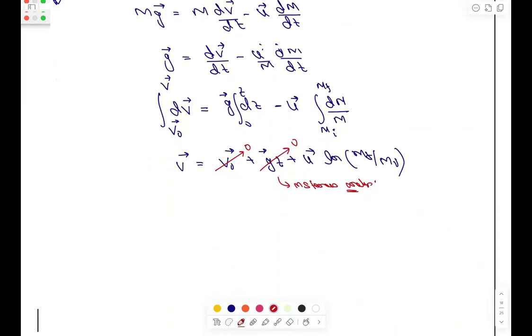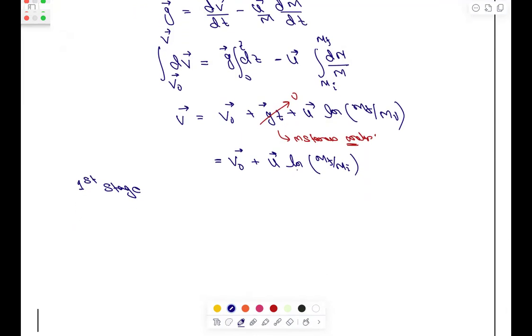So ultimately you will come to this conclusion that V is equal to V naught, that is the initial speed, plus u ln mf by mi. So what can I write in the first stage?